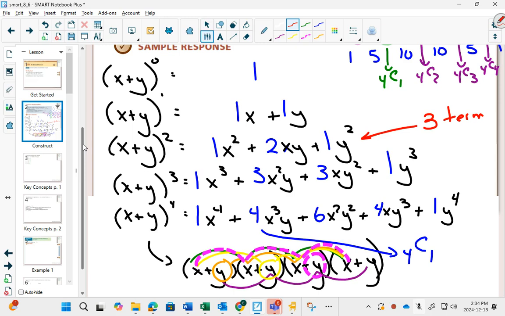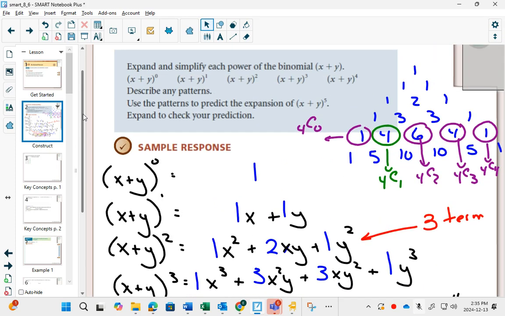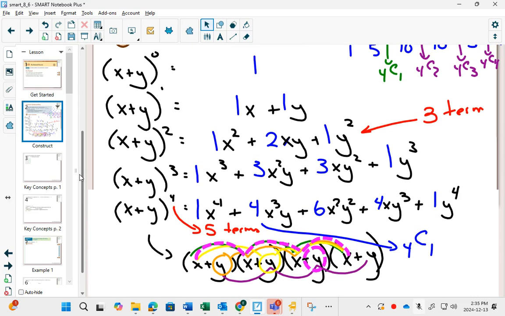That's 1 more than the exponent. When we got to x plus y to the 4, there's 1, 2, 3, 4, 5 terms. Always 1 more than the exponent. That's going to be really helpful because it's going to tell you which row in Pascal's triangle you should use as a starting point. So now we're going to go to some questions with this.